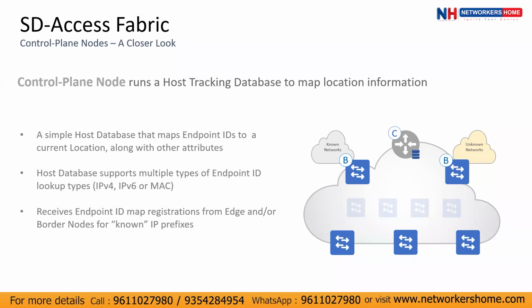It will register the particular endpoint on the database, noting from which edge node it has connected, and based on that, it will create a local entry on the host tracking database. So based on the request, it will resolve the lookup, like whatever the terminology which we used in LISP actual deployment, map resolver, the same thing it does as a control plane.